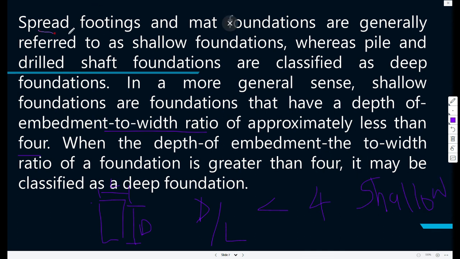So also note, we are talking about spread footings and mat foundations, and even strip footings. Spread footing and strip footing are the same thing. Even pad foundations, those are called shallow foundations. But when you come to piles and shafts, then those are deep foundations.